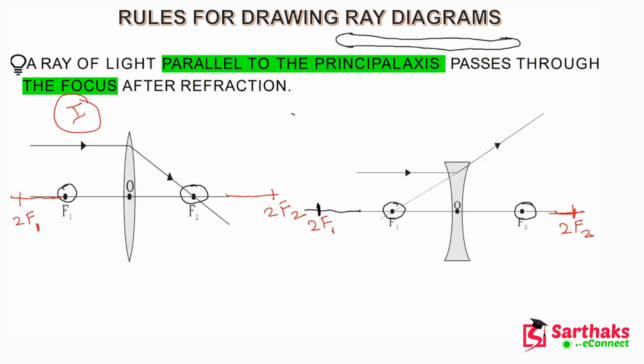A ray coming parallel to the principal axis, after the refraction, diverges like this, but it also appears to be passing through this point F1. It is not actually passing from here. It appears to be passing like this. Okay, so you can simply say this is the first rule: whenever a ray comes parallel to the principal axis, after the refraction, it passes through the point F, the focus of the convex or concave lens. Now let's move on to the next slide.